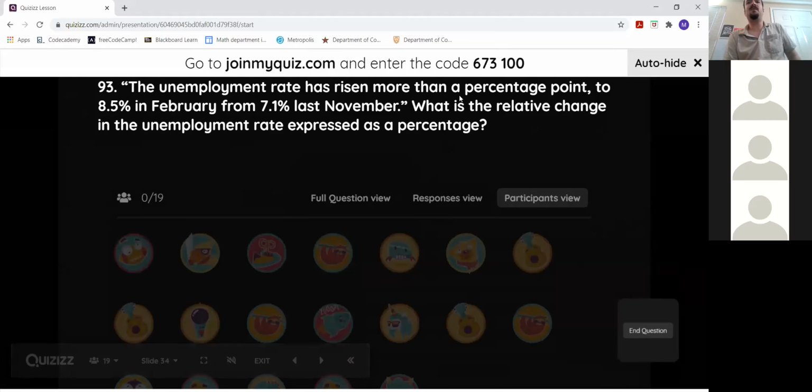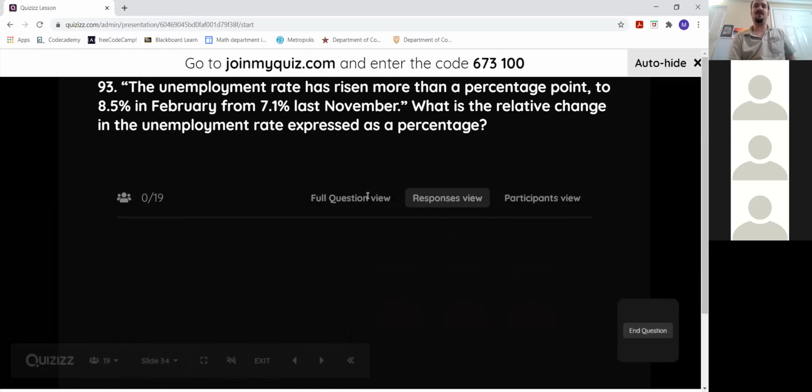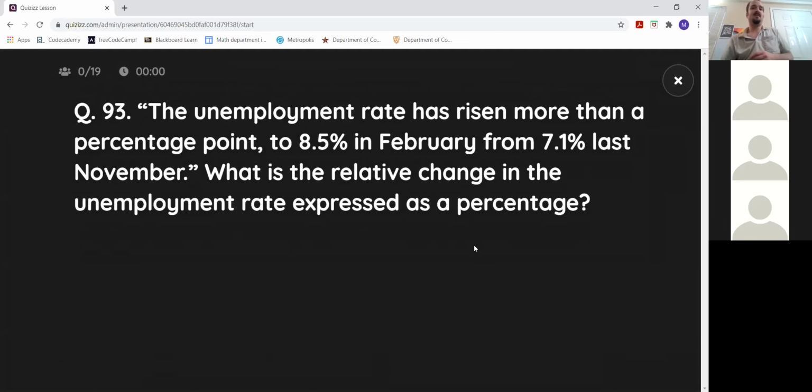Unemployment rate has risen more than a percentage point to 8.5 in February from 7.1. What is the relative change in the unemployment rate expressed as a percentage? So the last one, just find me the relative change of this one, and we're done with the homework. I don't feel like this one is really throwing any screwballs.